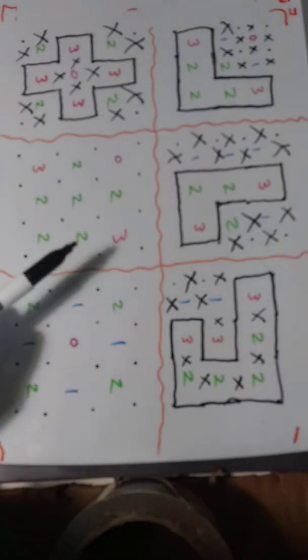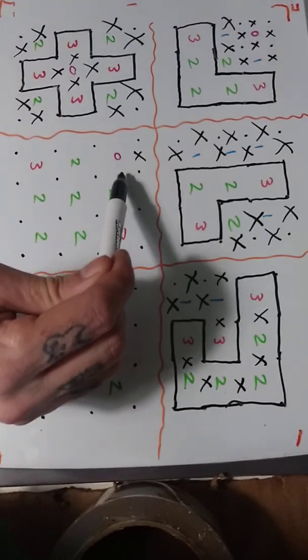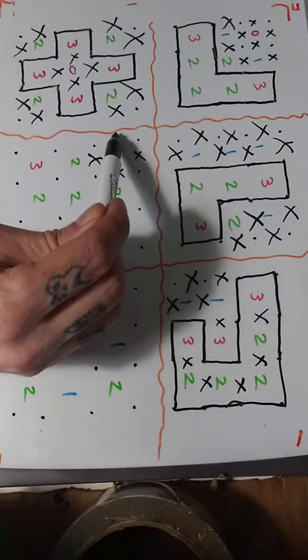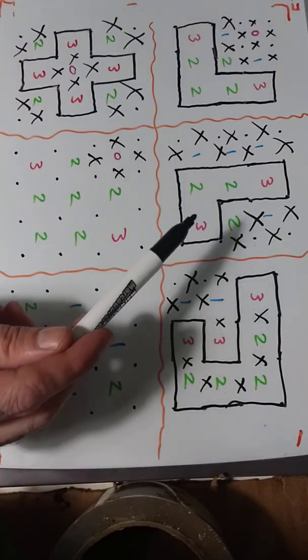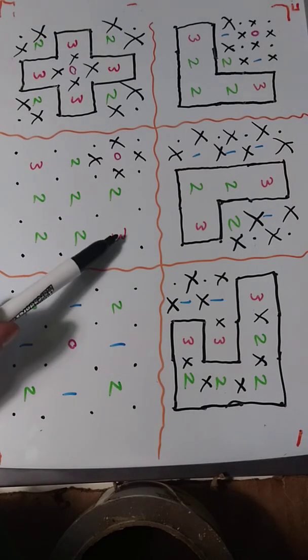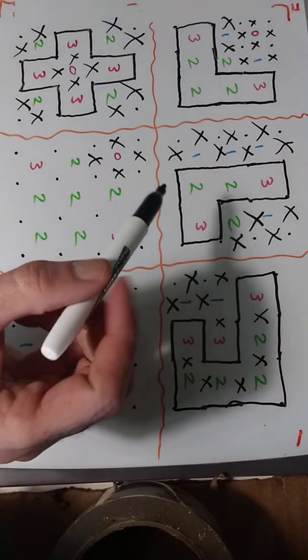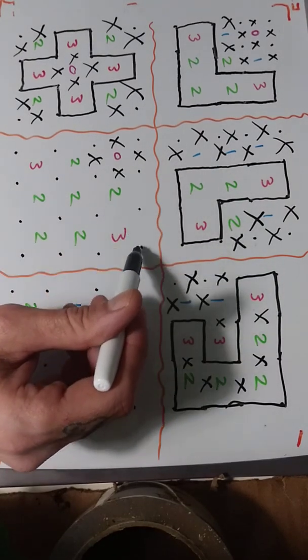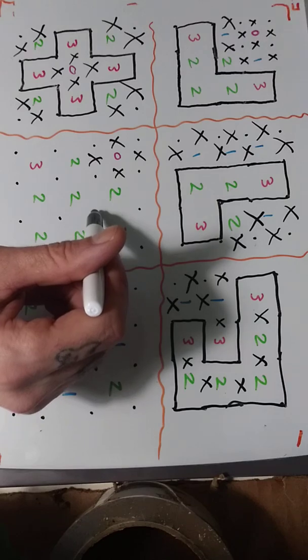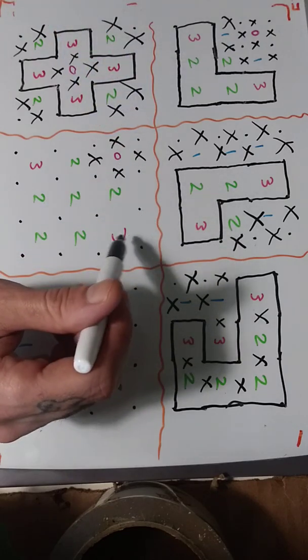So now for here, we have none around this. That's easy. So 3 around here, 3 around here, 2 in this corner. So if we did the 3 this way, 1, 2, then we get there, so we gotta go down.